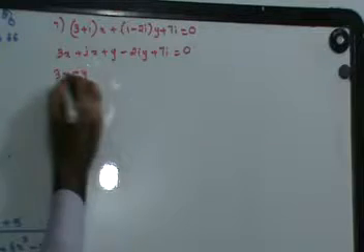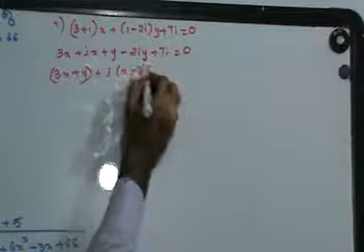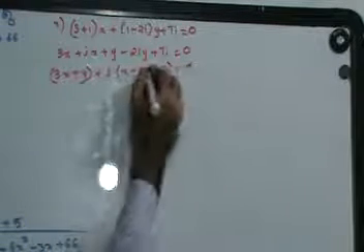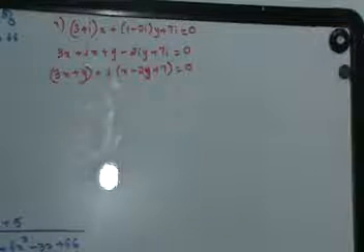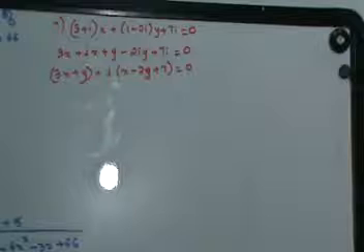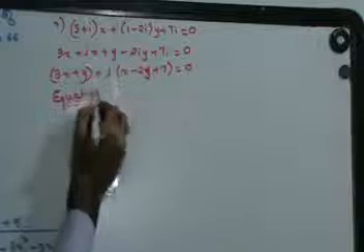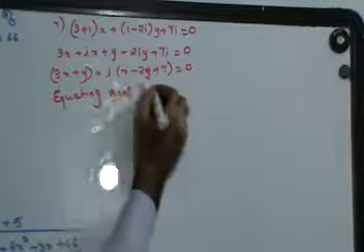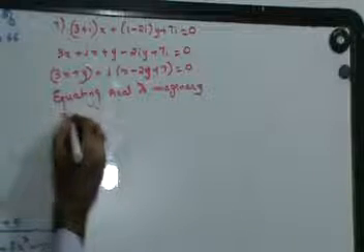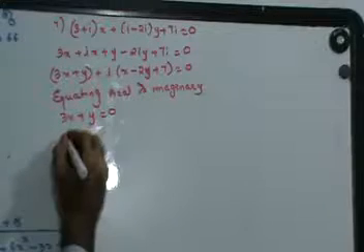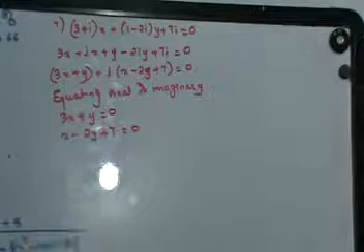So you will get 3x plus y plus i x minus 2y plus 7 is 0. Now, on the right hand side you have 0. That means both the real and the imaginary terms are 0. I'll say equating real and imaginary. I'll get 3x plus y is 0 and x minus 2y plus 7 is 0.